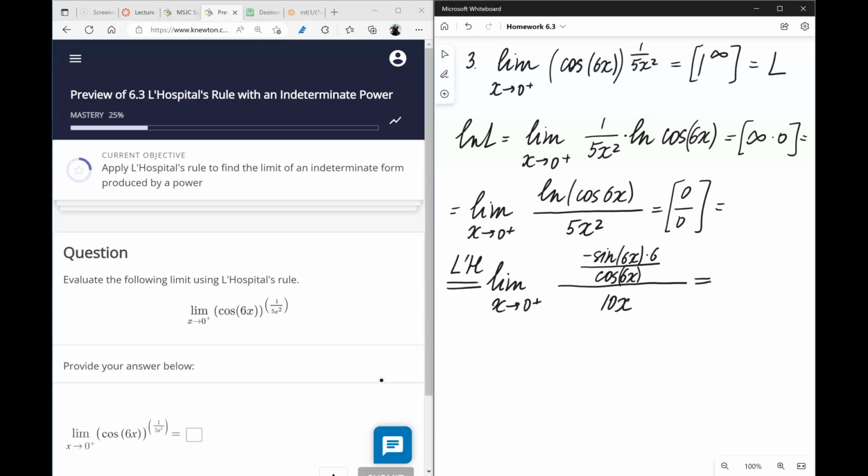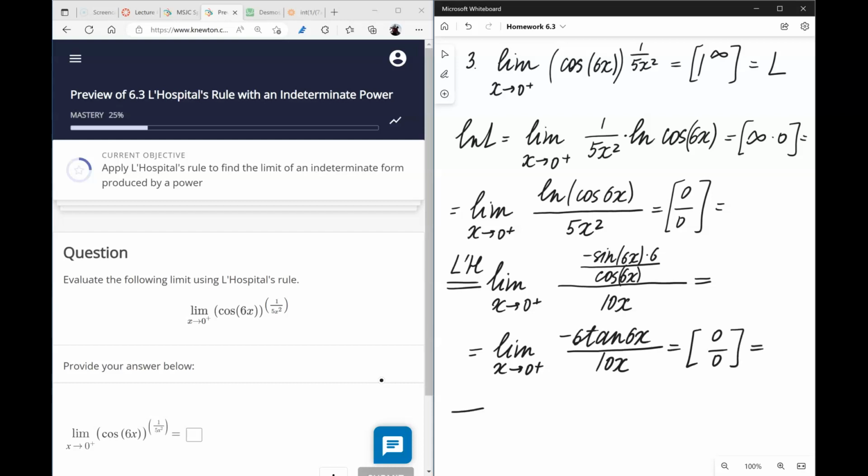And it makes sense to rewrite this limit. So we have negative 6 tangent 6x divided by 10x, and it's 0 over 0.